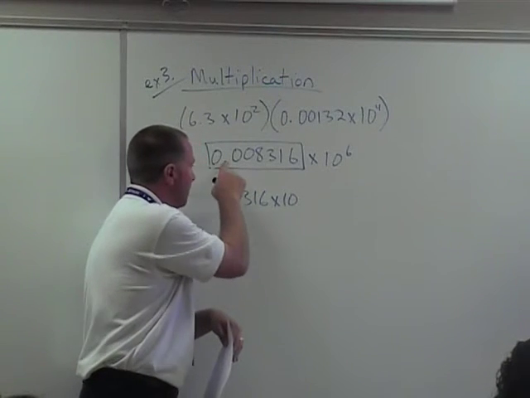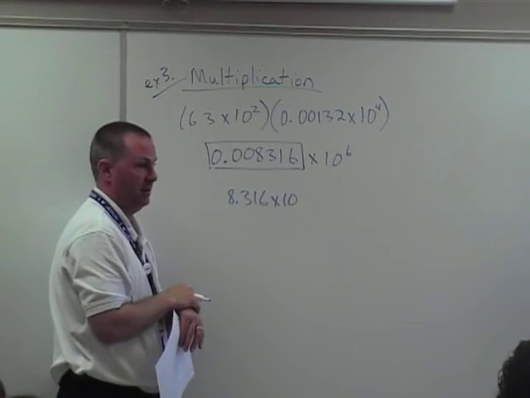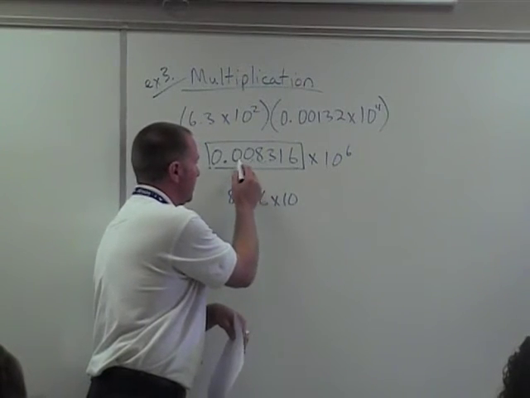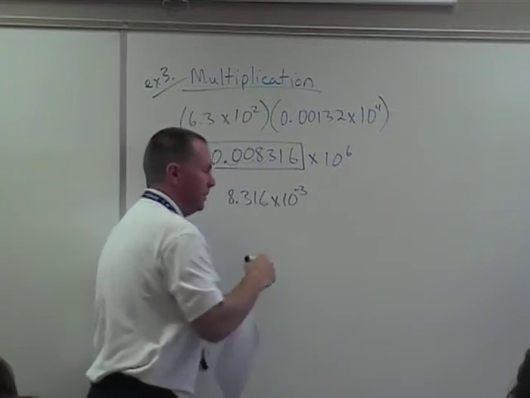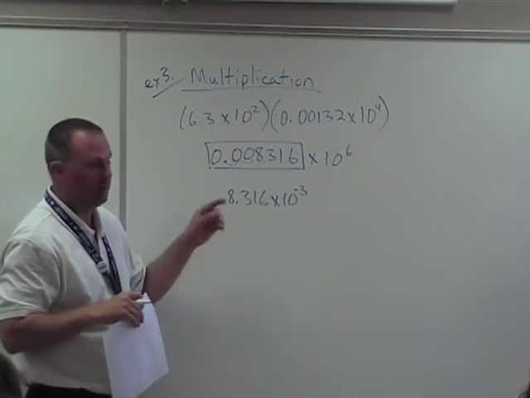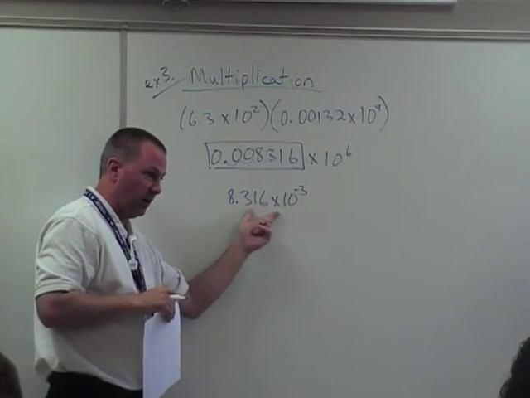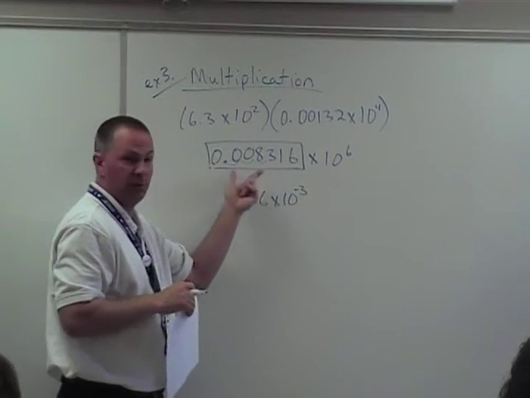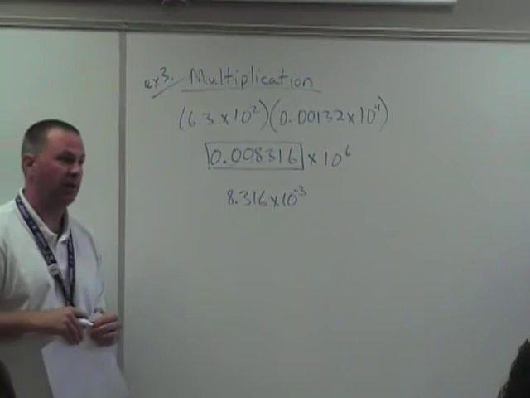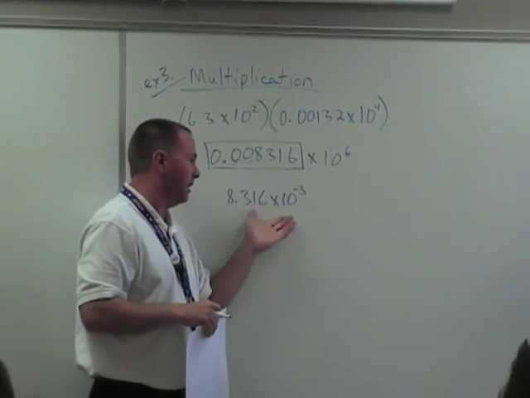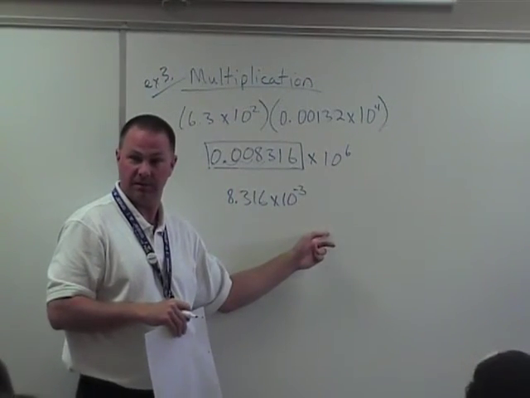Where does it have to go to get back to here? How many places? 1, 2, 3. And since you said left, that's a negative. So now this number right here is the same as this number in the rectangle. Does everybody understand that? Okay, now don't I need to take that number times 10 to the 6th?